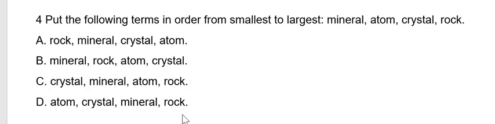Do you think that crystal is the smallest and rocks are the biggest? Or do you think that atoms are the smallest, rocks are the largest, with crystals and minerals coming second and third? Which one of those is in the right order from smallest to largest?